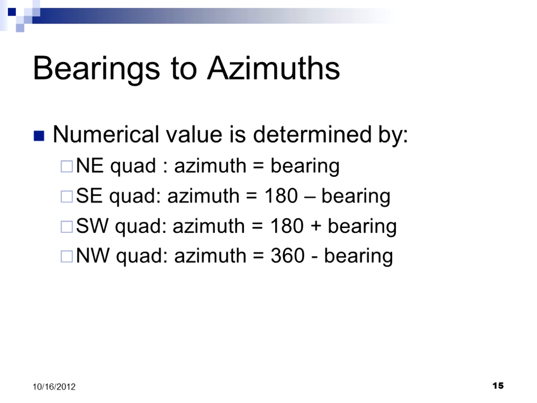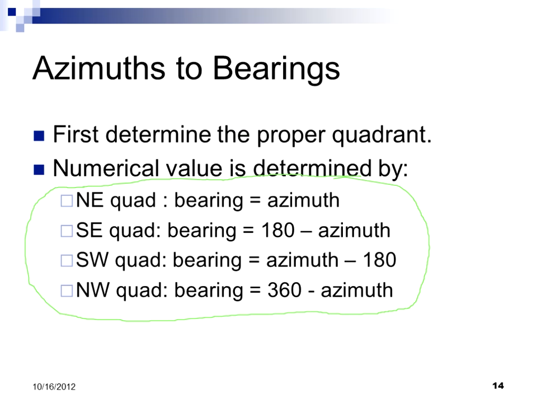Bearings to azimuths, here's the little rules if you want. But again, when we look at them on the diagram, it becomes evident how to convert a bearing to an azimuth. So let's go back here and look real quick. So here is our diagram. Here's our north, our south, east and west.